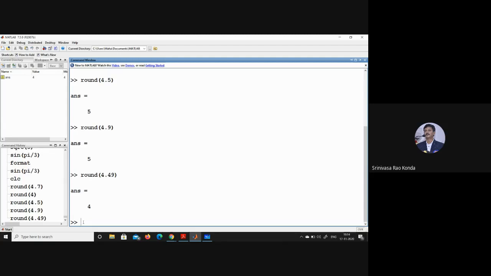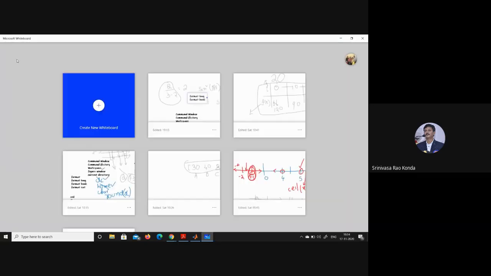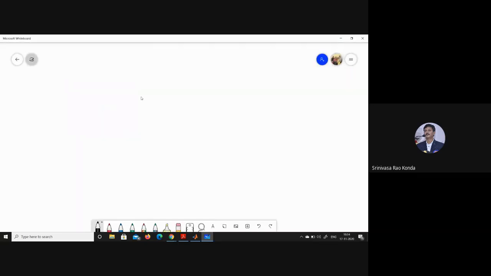The round command rounds to the nearest integer.